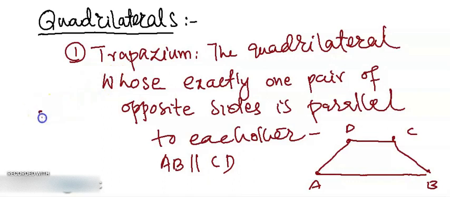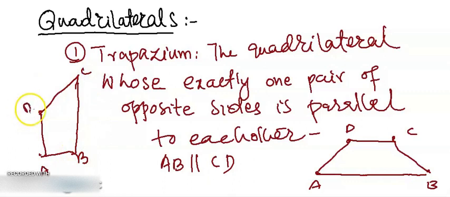For example, you can have a trapezium like that. Let's say this is A, B, C and D. Now you notice that AD is parallel to BC. Since one pair of opposite sides is parallel to each other, this is also a trapezium.